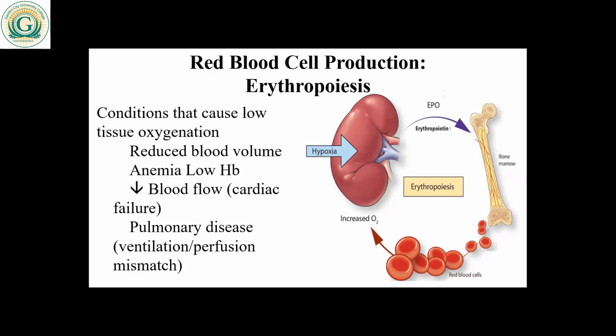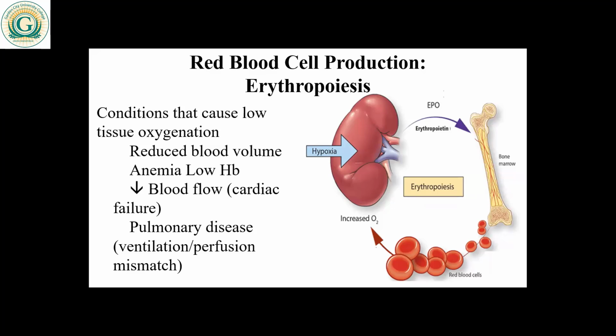And it's within the bone marrow that this erythropoietin will trigger the hematopoietic stem cell to be differentiated into the myeloid and then the lymphoid progenitor cells. Then the myeloid cells would also differentiate into red blood cells as well. Red blood cells will be released into the blood to increase the number of red blood cells in the blood.